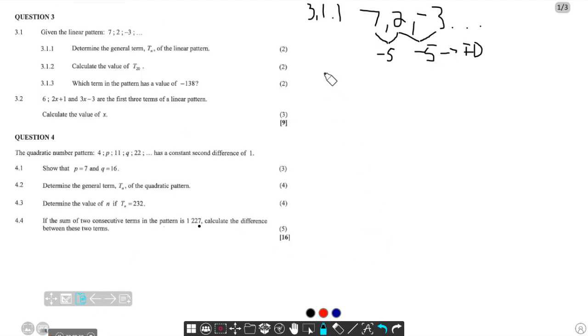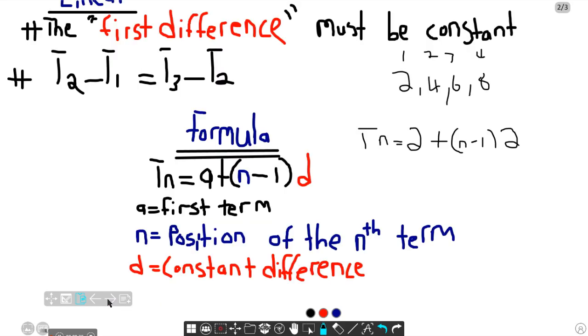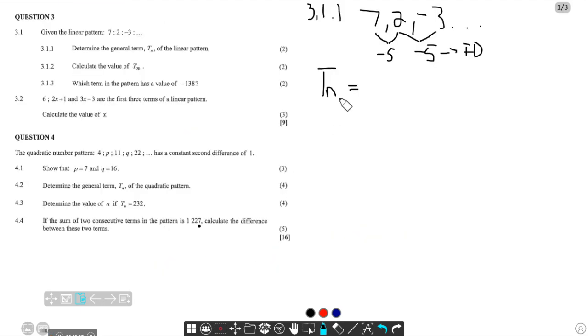Okay. So now Tn is equal to, now what is a? Remember, a is our first term, right? a is equal to the first term. Now, what is the number at the start? It is 7, right? So it's going to be 7 plus, and then it is going to be n, right?